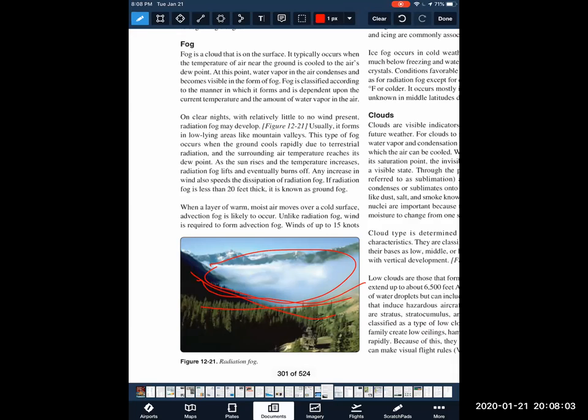And if it cools enough, it will cool to its dew point temperature. And of course, if it cools to its dew point temperature, we get a formation of radiation fog. So with enough moisture, calm winds that don't mix this air about vertically or horizontally through this valley in this case, if that air is able to exchange enough heat to the ground, then it will cool itself to its dew point and we get visible moisture. So that's what we're dealing with.